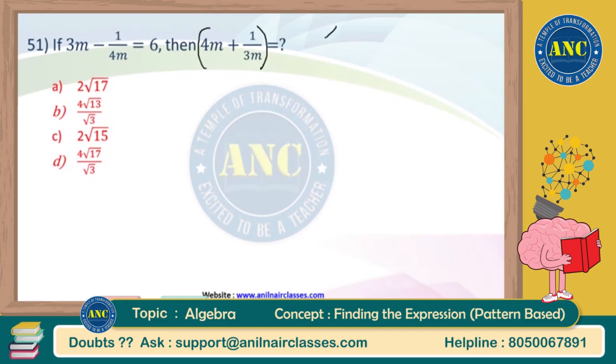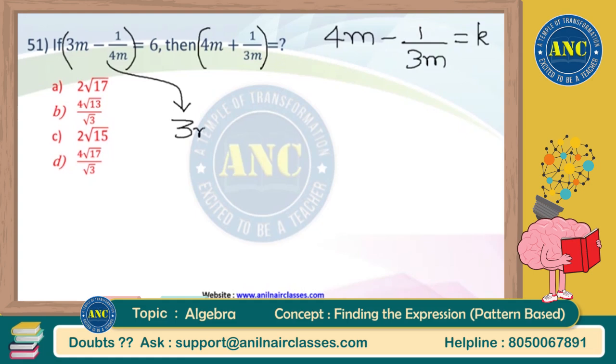That means if I know the value of 4m minus 1 by 3m as some constant k, then finding 4m plus 1 by 3m is never a difficult task. But in the question they are not giving you the 4m minus 1 by 3m value, they are instead giving you the 3m minus 1 by 4m value, which is 6. What we actually require is the 4m minus 1 by 3m value.